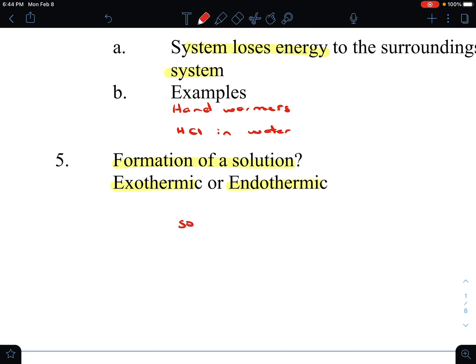This is based on our solvent interactions and our solute interactions. If our solute-solute interactions are stronger than our solute-solvent interactions, it would be endothermic, and vice versa. If our solute-solute interactions are weaker than our solute-solvent, then it would be exothermic because those attractions have to be broken.